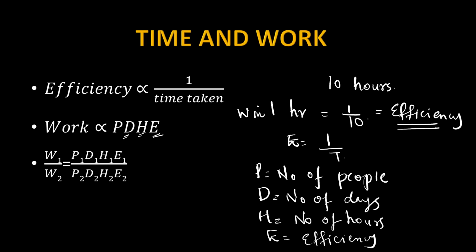And efficiency is to be taken when there are men, women and boys, etc. involved in that work. If only men are involved or only women are involved in the work, then there is no need of taking efficiency. This term can also be avoided. So from this equation we get W1 by W2 equal to P1 D1 H1 E1 divided by P2 D2 H2 E2.